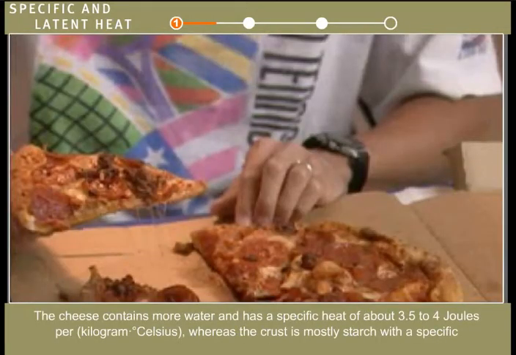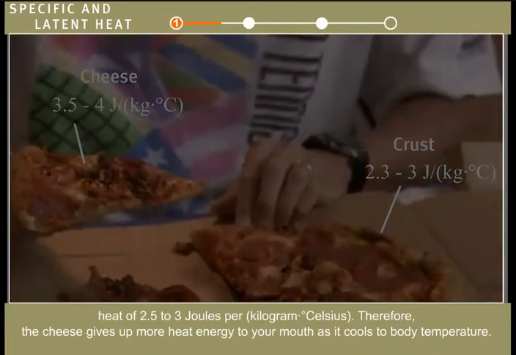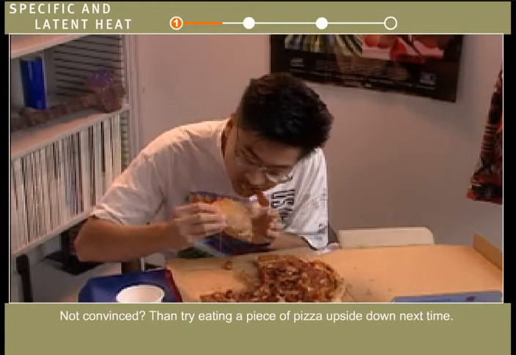The cheese contains more water and has a specific heat of about 3.5 to 4 joules per kilogram degree Celsius, whereas the crust is mostly starch with a specific heat of 2.5 to 3 joules per kilogram degree Celsius. Therefore, the cheese gives up more heat energy to your mouth as it cools to body temperature. Not convinced? Then try eating a piece of pizza upside down next time.